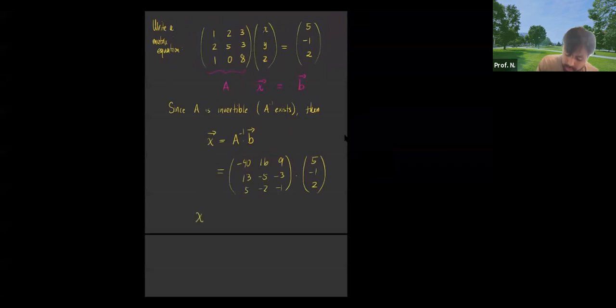And so when I perform this matrix multiplication, this becomes my solution. In order to save some computational time, I'm just going to do this on the calculator. So again, you can do this on the calculator, and I'm going to show you what that looks like.